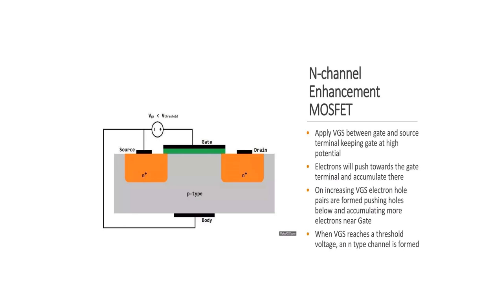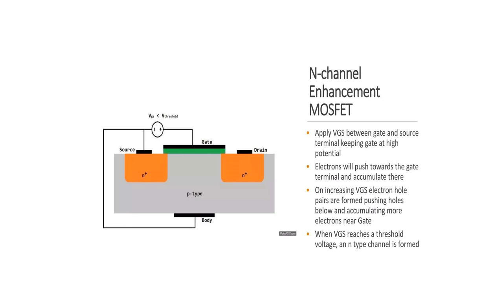Holes are pushed towards the body, and more and more electrons get accumulated just near the gate. When VGS reaches a certain value, usually known as the threshold voltage, a channel is established through which these electrons can flow from source to drain, followed by the flow of current.